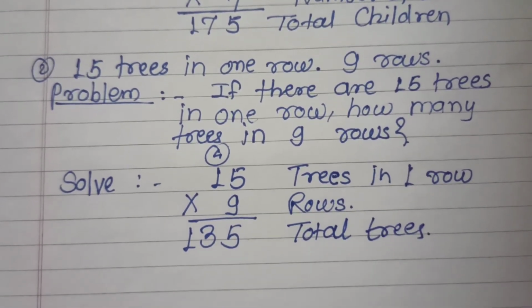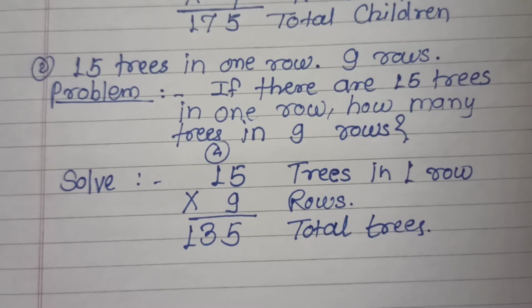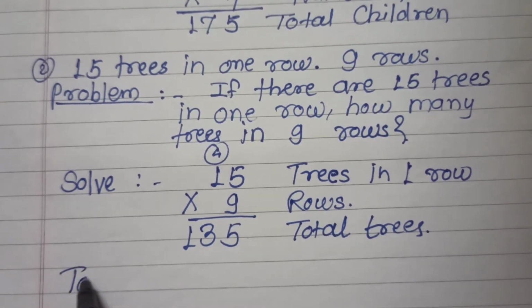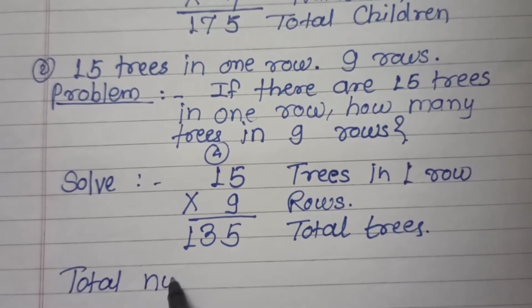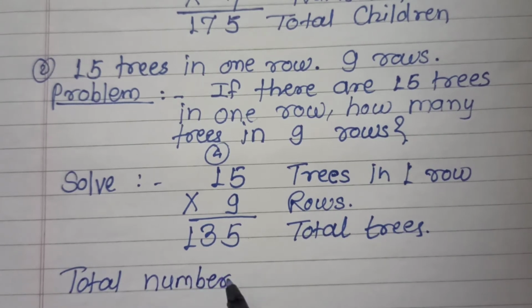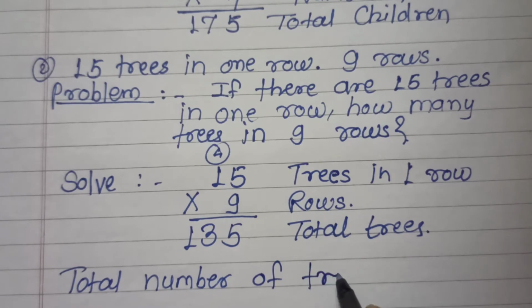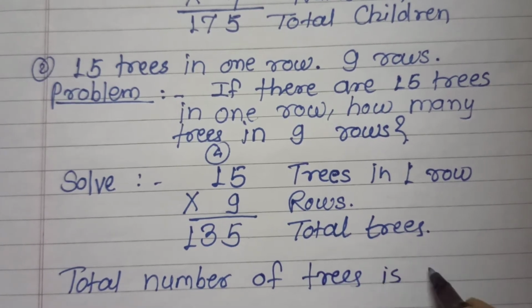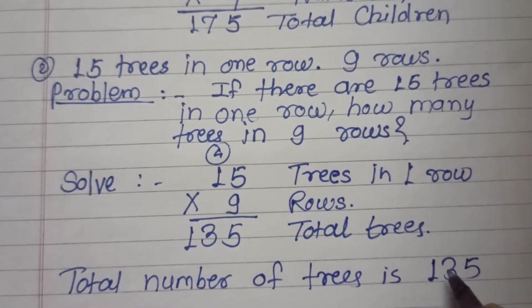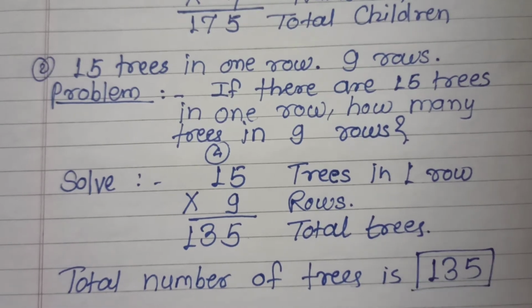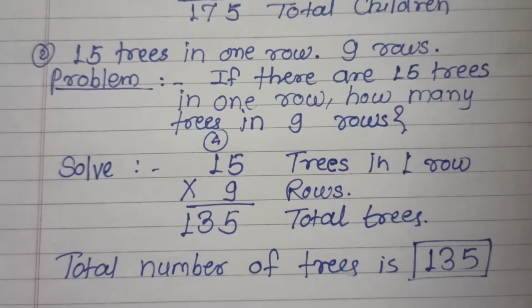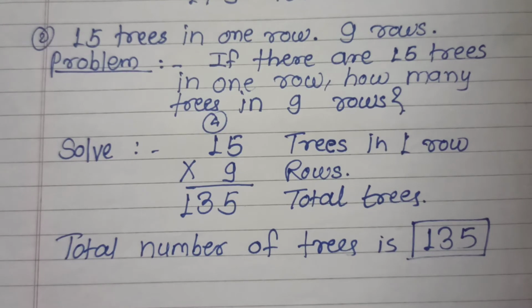We write here, total number of trees is 135. This is the final answer, and it is called the product also.